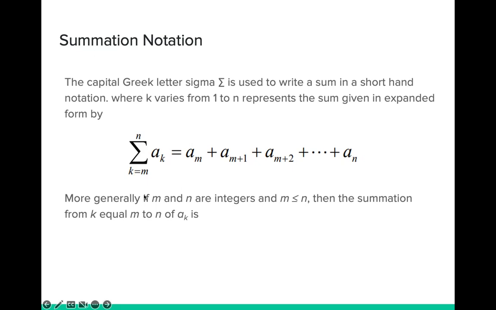So more generally, if m is the lower limit and n is the upper limit, and m and n are integers, and m is less than or equal to n, then the summation from k equals m to n of a sub k is this equation that was shown.